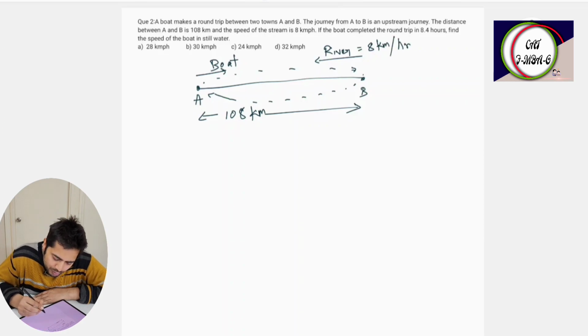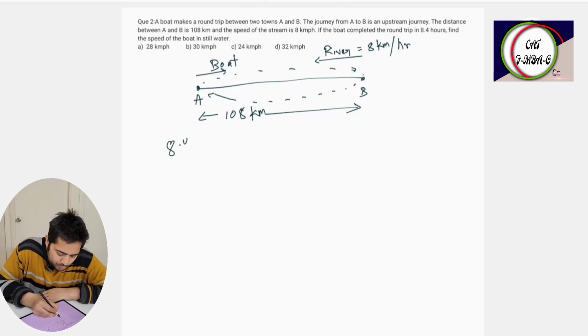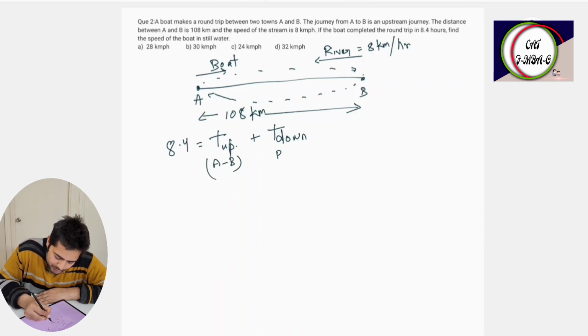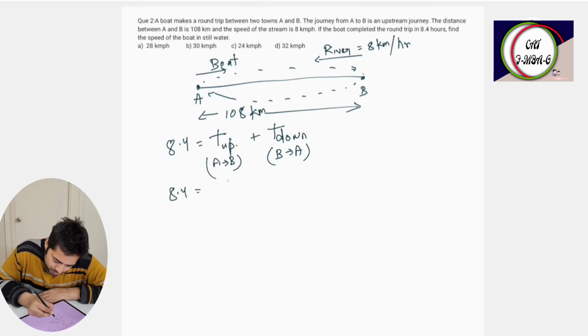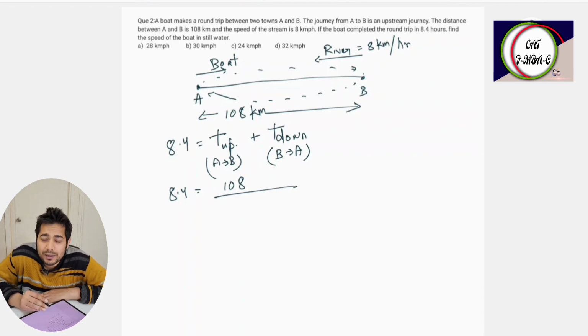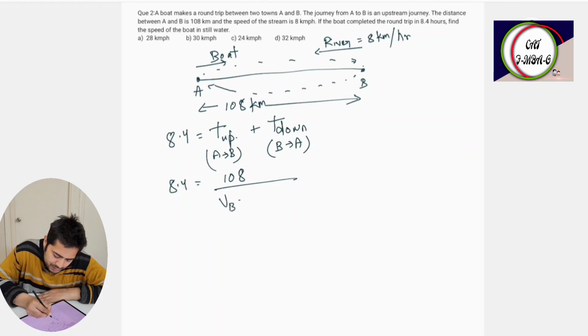Okay, if the boat completes the round trip in 8.4 hours, so 8.4 is equal to total time, which is t of upstream plus t of downstream. So this is from A to B, this is from B to A. Okay, so 8.4 is equal to distance upon, when going from A to B, it is upstream, so VB minus 8, plus 108 upon, when going from B to A, it is downstream, so VB plus 8.